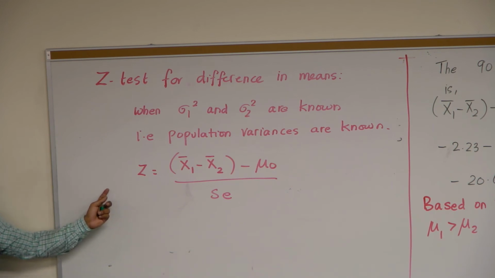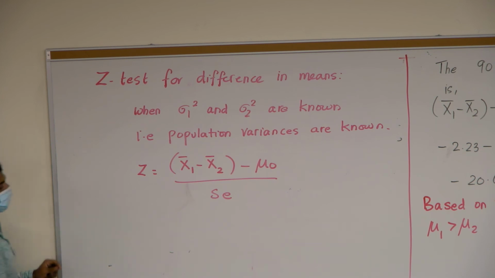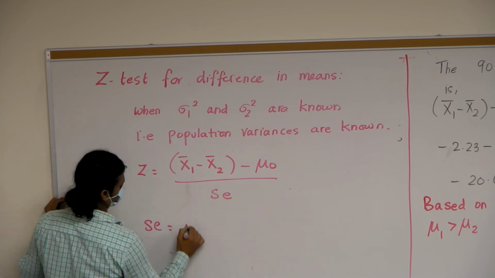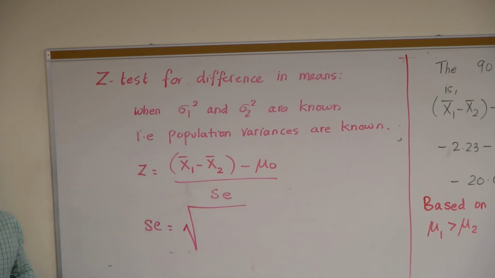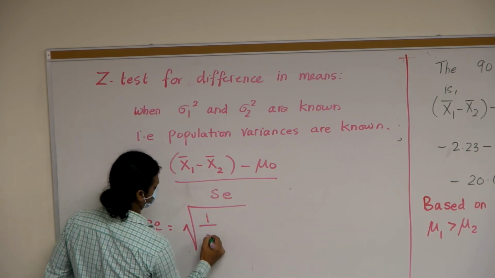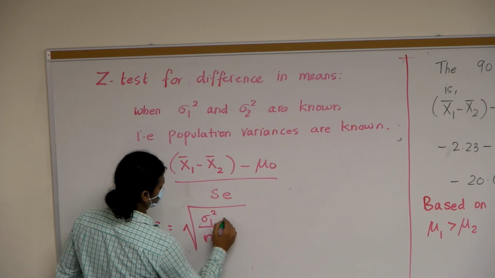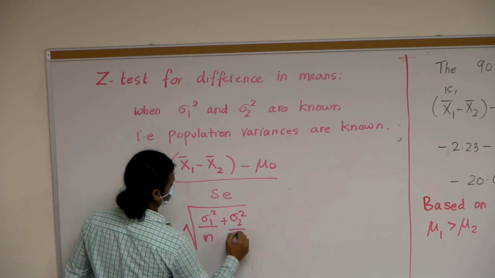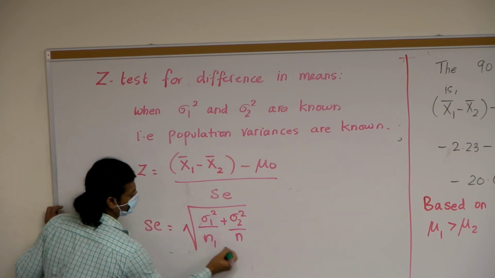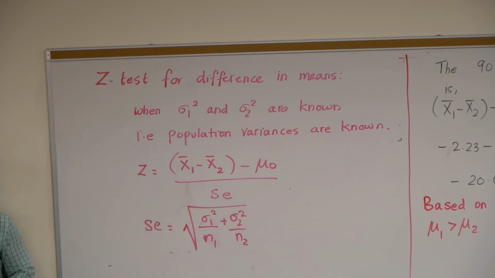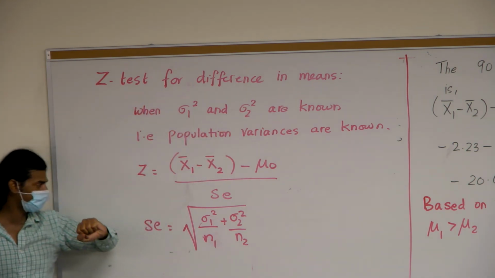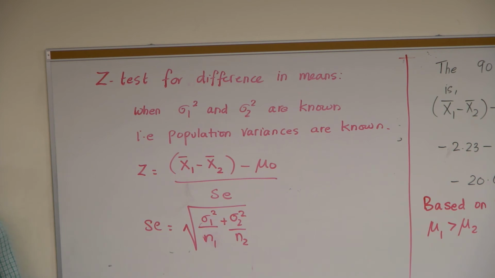Only this time I'm calling it Z instead of T. Standard error formula: what did we use previously? We used the sample standard deviations, S1 and S2. But here, since the population variances are known, we just take those values from the problem and put them in here. Good?